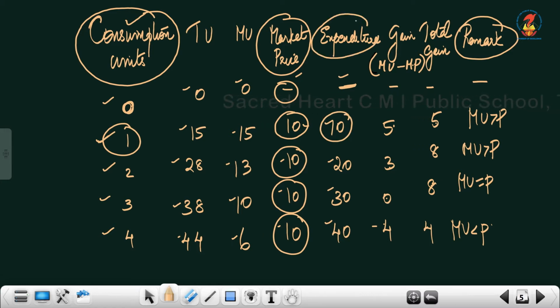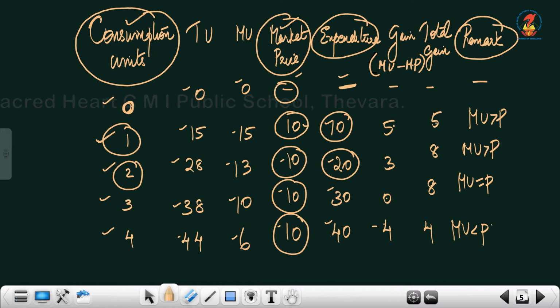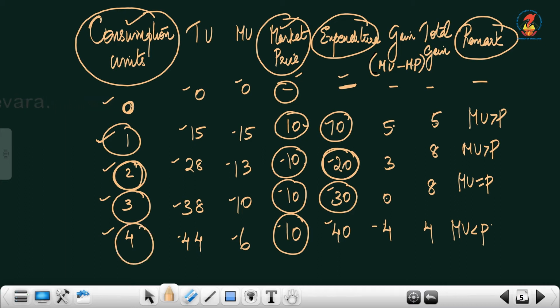That is your expenditure. 2 chapatis you are buying, 10 into 2, 20, because the market price of the chapati is 10. Therefore, the expenditure is 20. 3 chapatis, expenditure is 30. 4 chapatis, 10 into 4, 40. So, I hope these 5 are very clear to you.